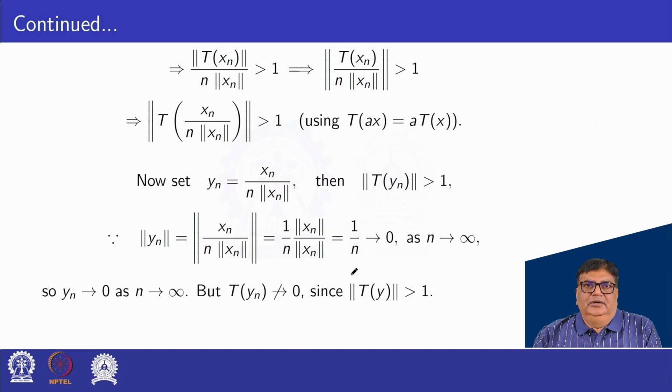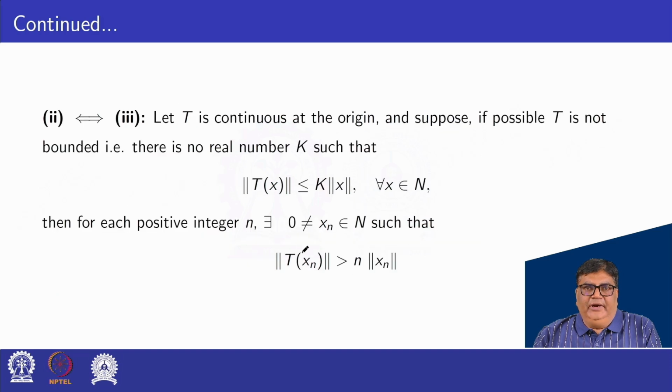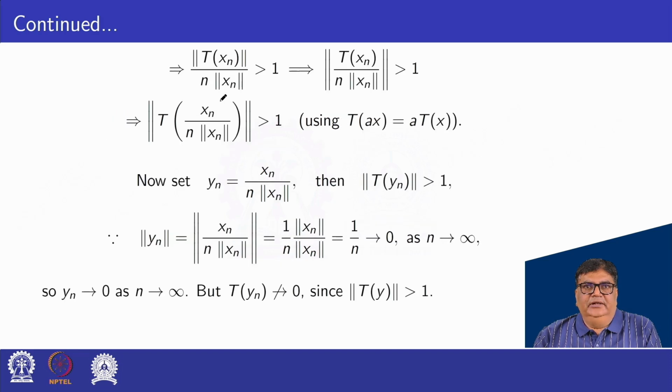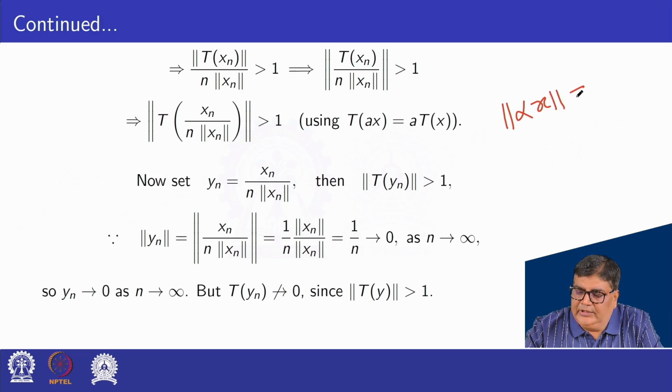Dividing both sides by n norm xn, it can be written as norm Txn upon n norm xn greater than 1. Here n and norm xn are scalars, and we know that norm of alpha x equals mod alpha norm x.